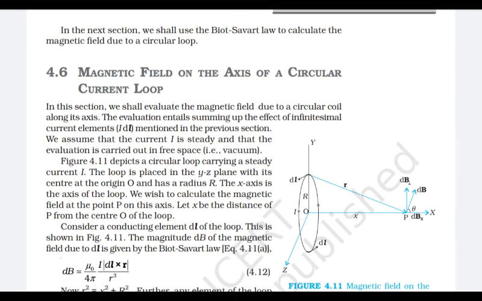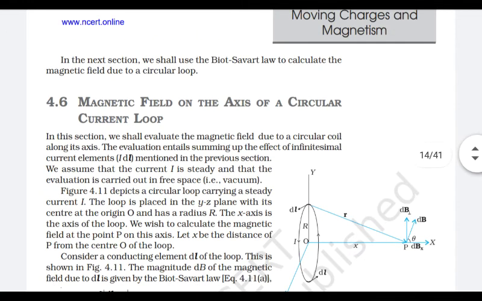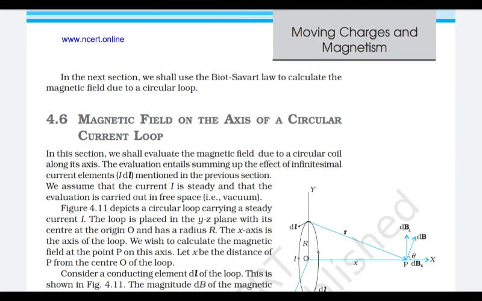The first and simplest application of the Biot-Savart law is to find the magnetic field due to a long straight conductor. Earlier we did not use a straight conductor for the derivation; for the Biot-Savart law we drew a circular one.